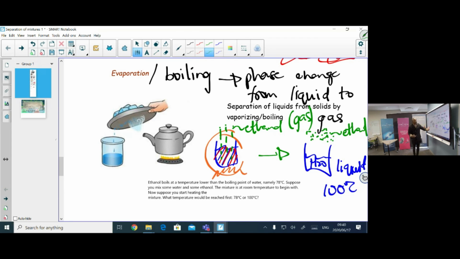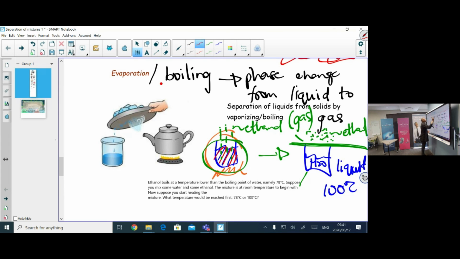And in that way, we would have separated our mixture in terms of the H2O and ethanol. We'd be having now H2O and ethanol separately when we initially had a mixture of the two in one beaker. So that's one way to exploit the boiling point.